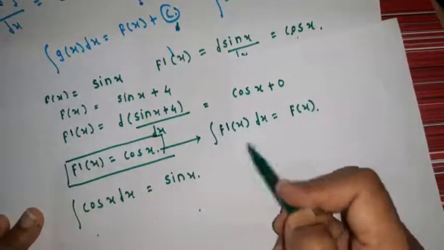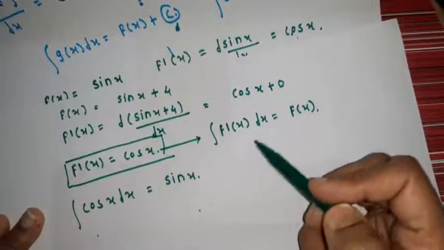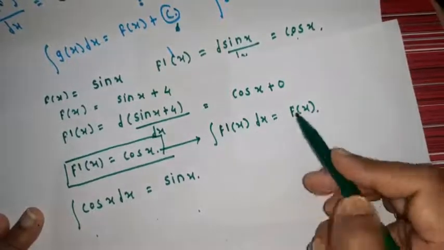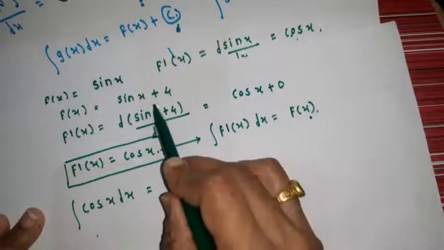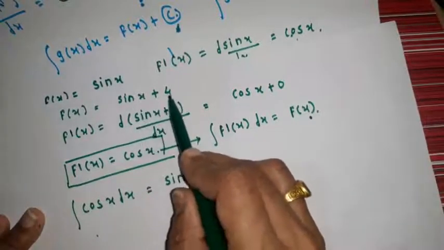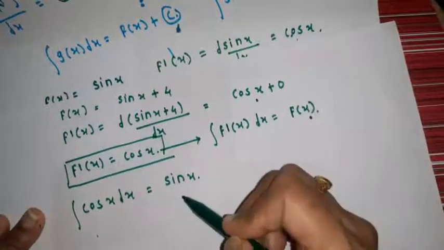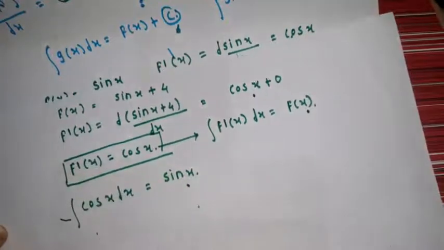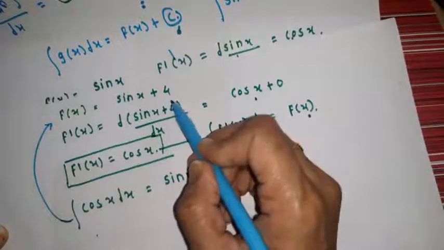According to the definition of integration, the integration of f dash of x is f of x. In this example, sin x plus 4, if we find the integration of this cos x, it is only sin x, but the original function is sin x plus 4.